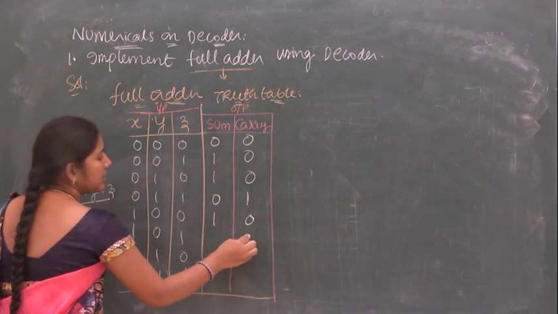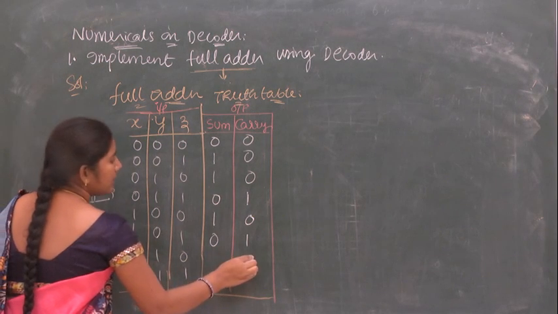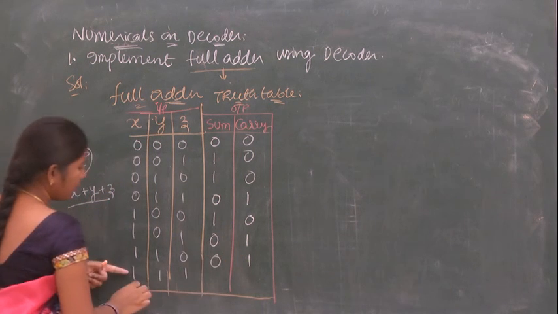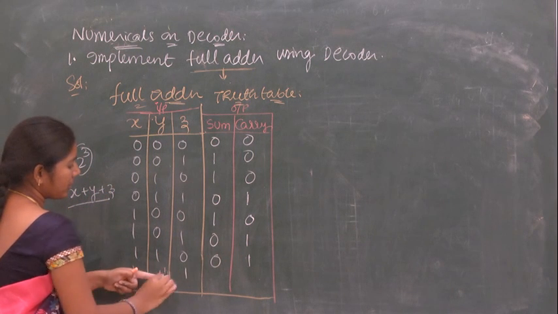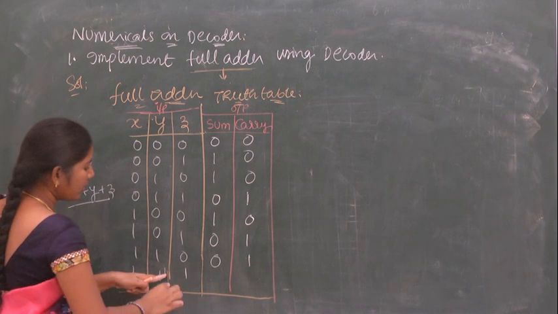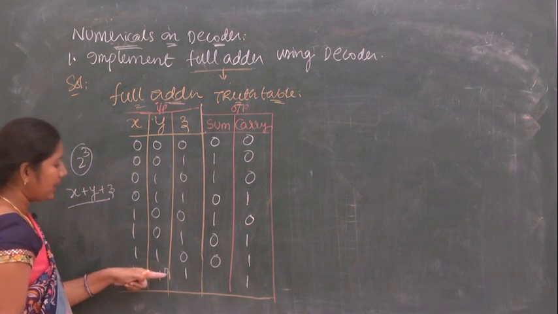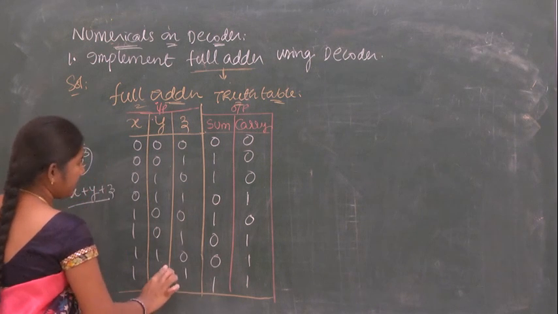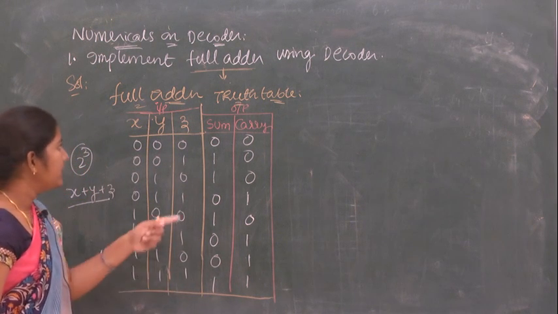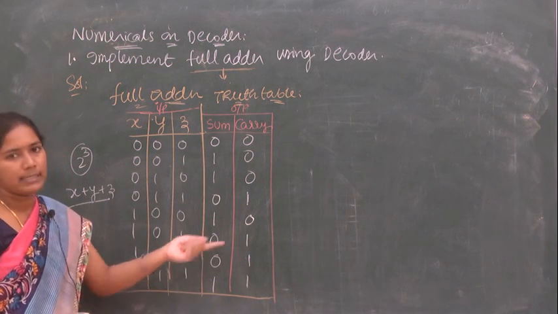Then 1 plus 1, carry 1, sum 0, and finally sum 1. Right? Now we have outputs for sum and carry.